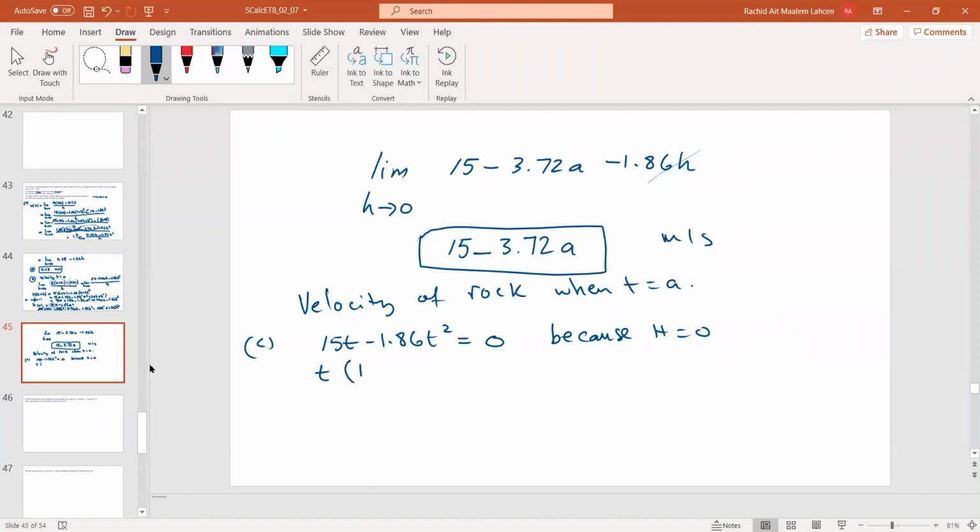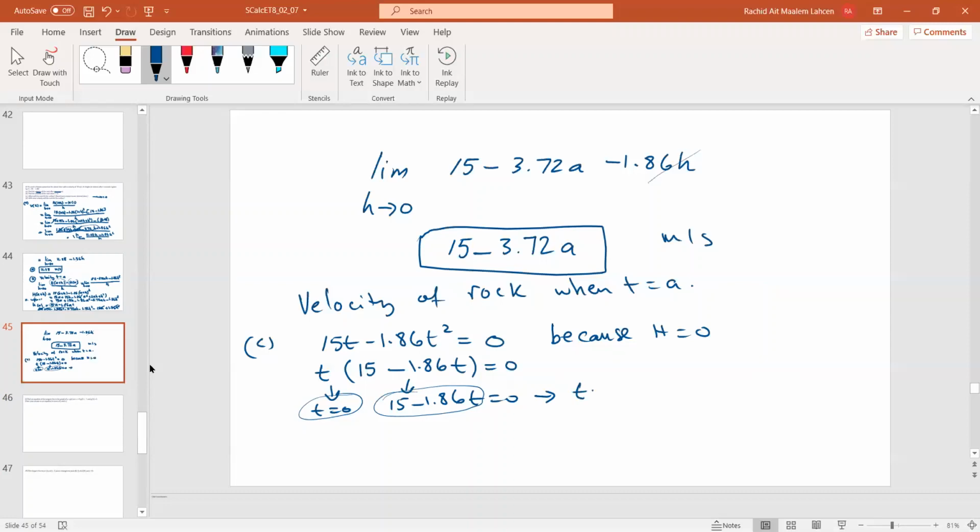So we can factor t, and it's either t equals 0 with the zero product property, or 15 minus 1.86t equals 0. That's the initial time. We want later on when it hits the surface.